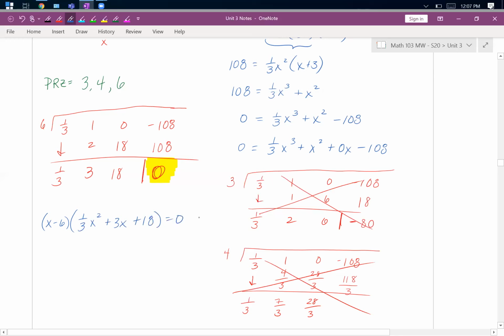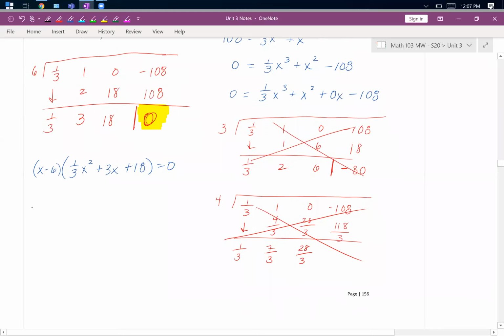We're down to a quadratic, so we don't have to test zeros anymore. I'm going to use my zero product property and break it up into 2. X minus 6 equals 0, and then this quadratic here equal to 0. And then I'll solve each one of these. X equals 6.